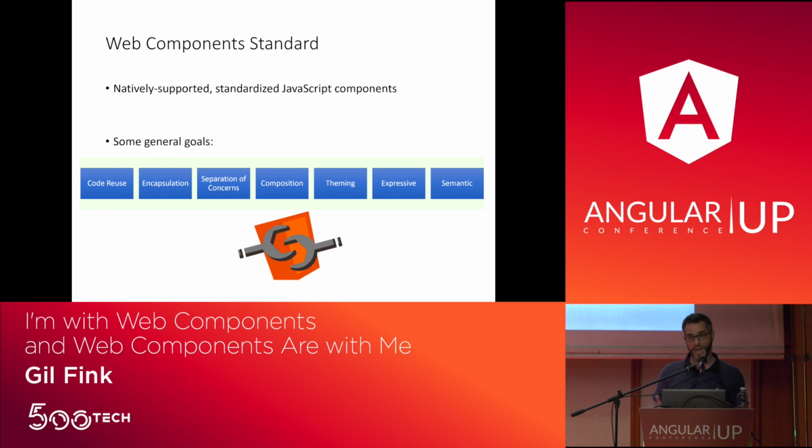Those components have, or should have, things that are best practices, like semantics and encapsulation and separation of concerns, et cetera, et cetera, et cetera. These things the standard group tried to figure out how to create. So they end up with 4 different standards.